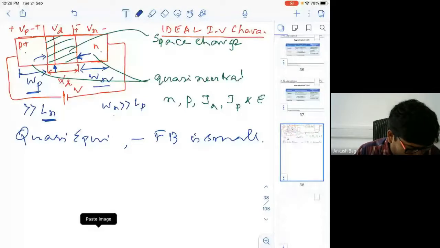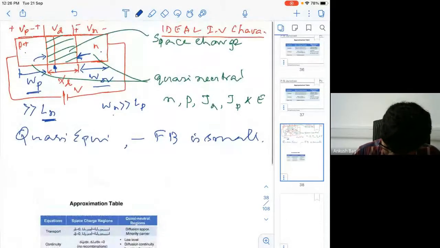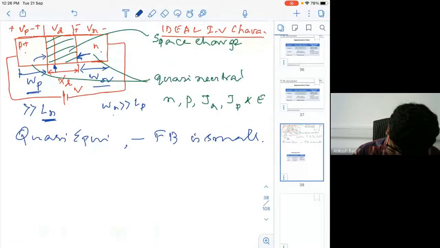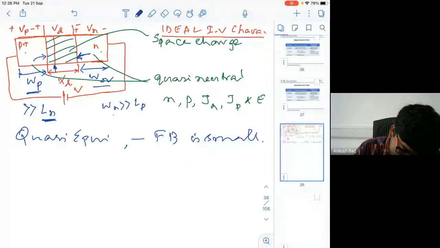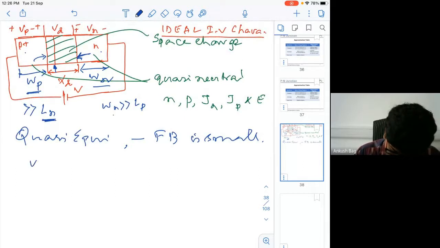That means, here we have three voltage components, Vp, Vd and Vn. Since this is quasi-neutral, a quasi-equilibrium condition, we are considering another assumption that Vn or Vp is close to 0.